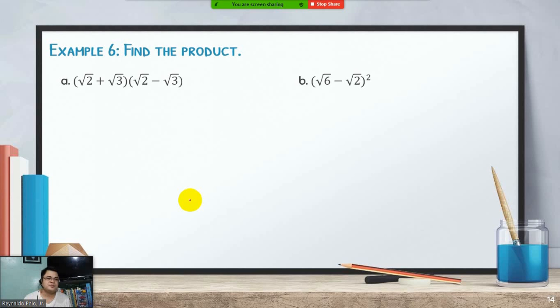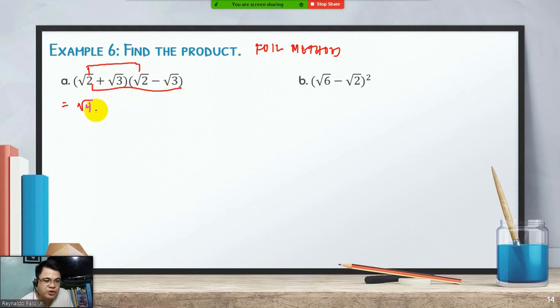Next, find the product. In this case, we are multiplying two binomials. So the famous thing that we can apply here is the FOIL method. For the FOIL method, we will be multiplying the first terms. Square root of 2 times square root of 2 is square root of 4. Outer terms, square root of 2 times negative square root of 3 is negative square root of 6.